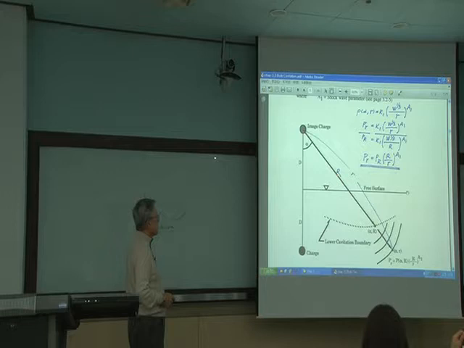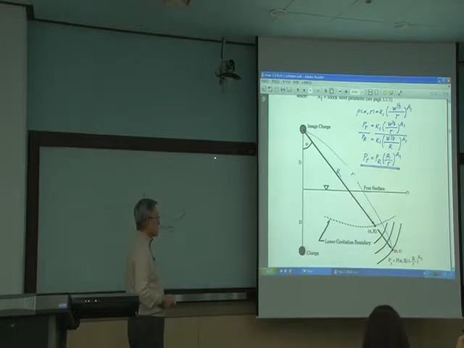Okay, r is the target distance to the lower cavitation boundary. This is the point. Then the coordinate is alpha, this angle, and r. And the extended point here is alpha, and r is the distance again from the image charge all the way down to the point.